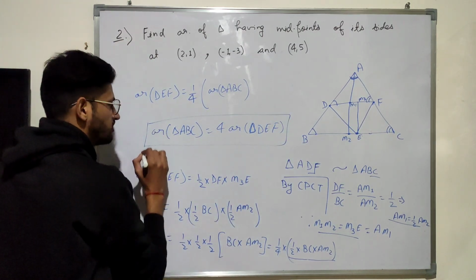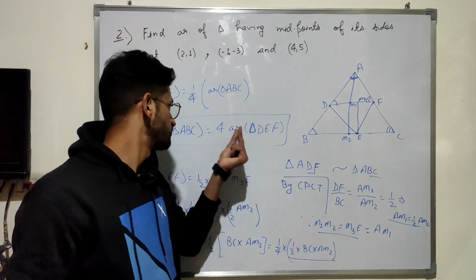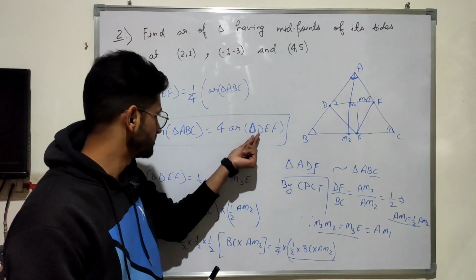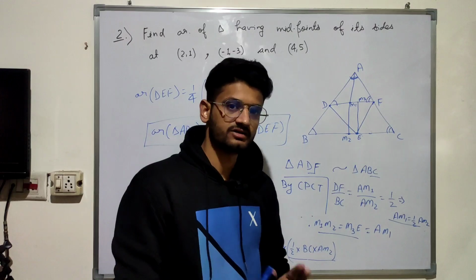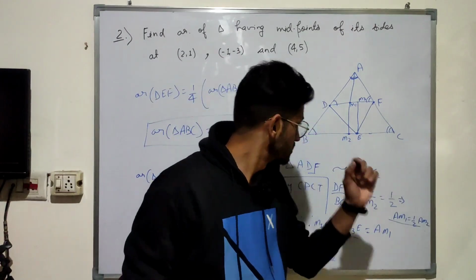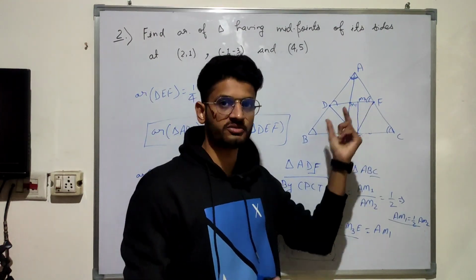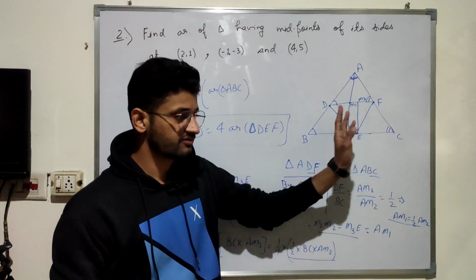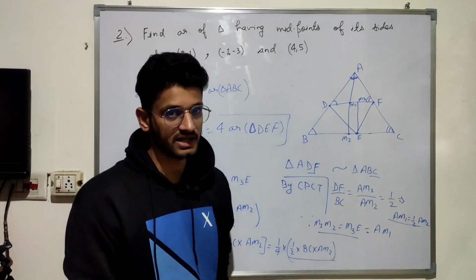So now we can find the area of triangle DEF, and afterwards we will multiply by 4 to get the area of triangle ABC. How did we get the relation between the area of triangle DEF and the area of triangle ABC? To find the area of any triangle, we need to find its base as well as its altitude. In terms of BC, we already know DF is going to be half of BC. What we have to find is the ratio of the altitudes of triangle DEF and triangle ABC.